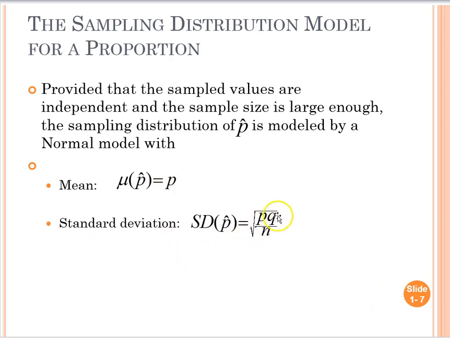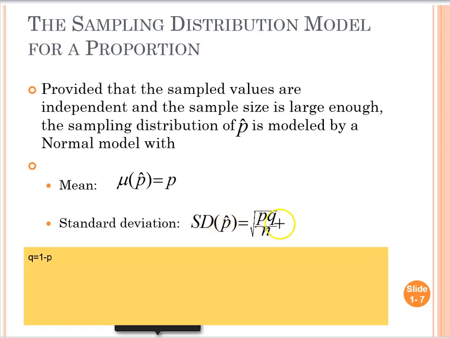We can use that true proportion in order to calculate the standard deviation of those samples, and that's just going to be the square root of p times q divided by n. Q here is just the proportion of failures, so it's just going to be 1 minus p. That's what the q represents.